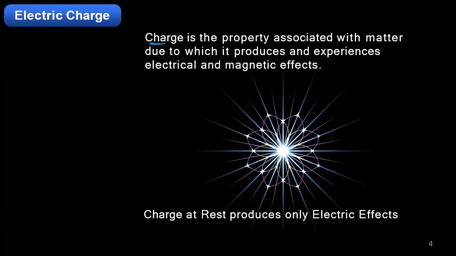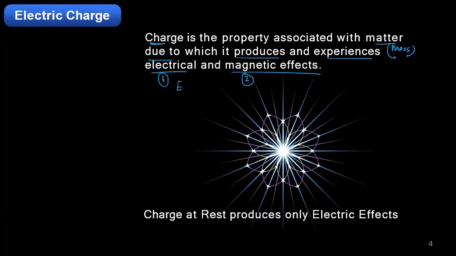Charge is the property associated with matter, due to which it produces and experiences electrical and magnetic effects. Whenever there is a charge, it can either produce or experience. What are the two factors? The first is the electric effect and the second is the magnetic effect. The electric effect is known as the electric field.